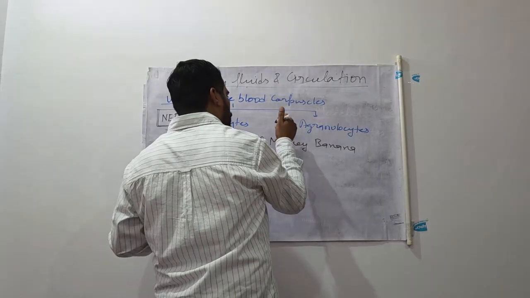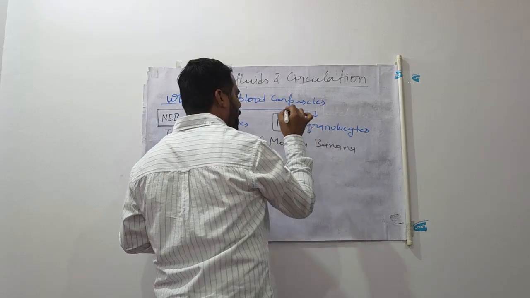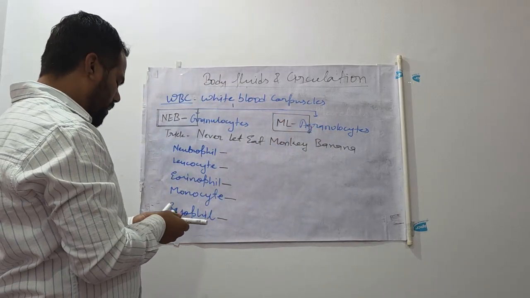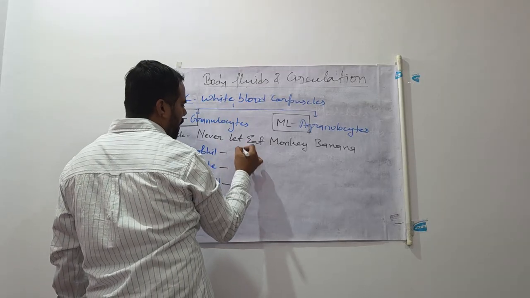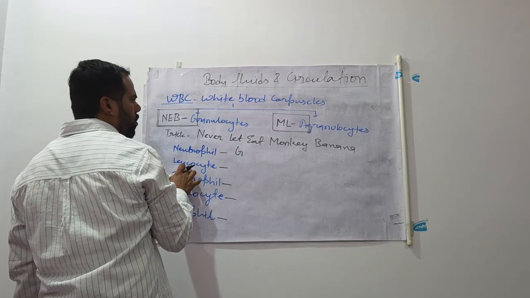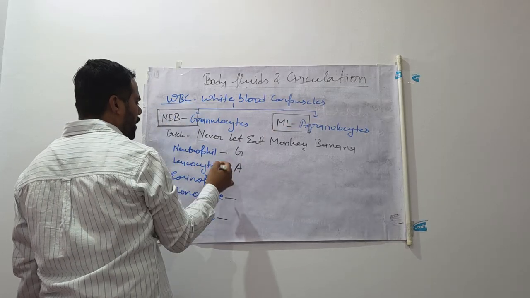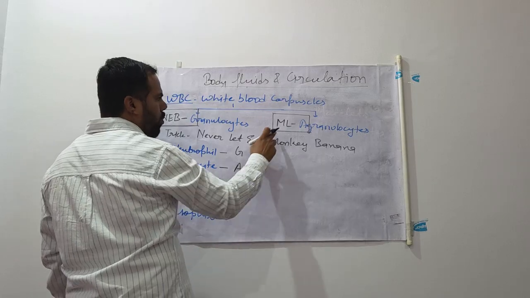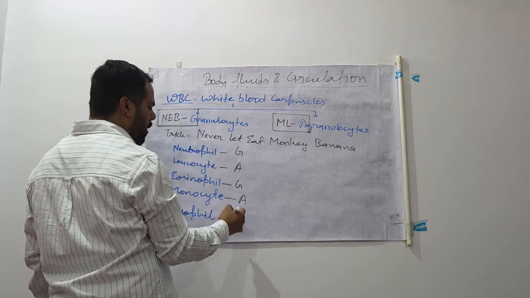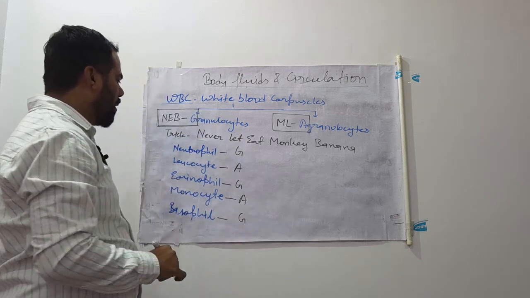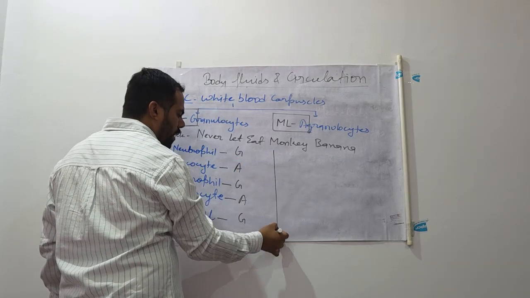And for the others, you will learn MLA, Member of Legislative Assembly. Now see here, neutrophil is granulocyte, so write here granulocyte. Leukocyte here is agranulocyte. Eosinophil is granulocyte. Monocyte is agranulocyte. Basophil is granulocyte. In this way, you will know which are granulocytes and which are agranulocytes.